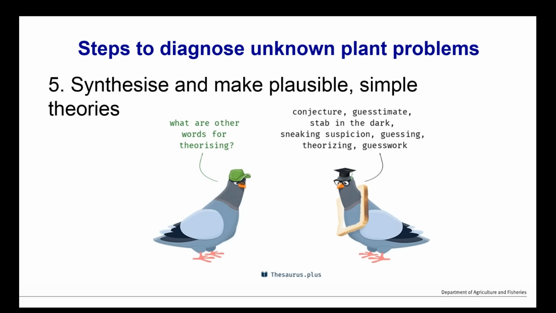Once you've ticked all those boxes, then make theories that are slightly more complicated. And you can list them relatively quickly just by using some basic logic, ruling some things out based on the factors that you've seen.